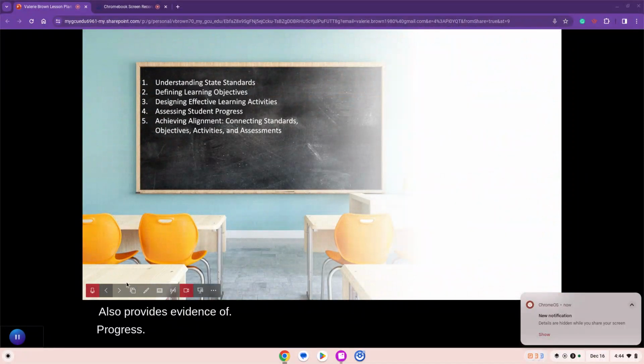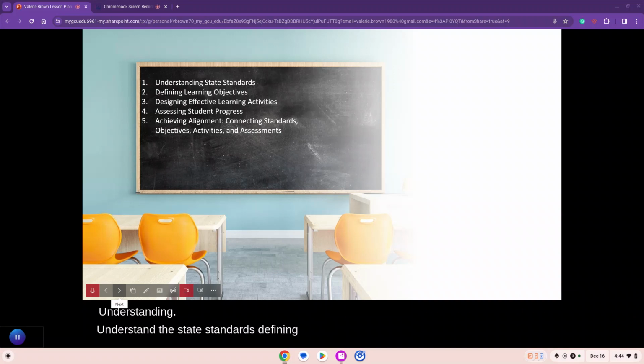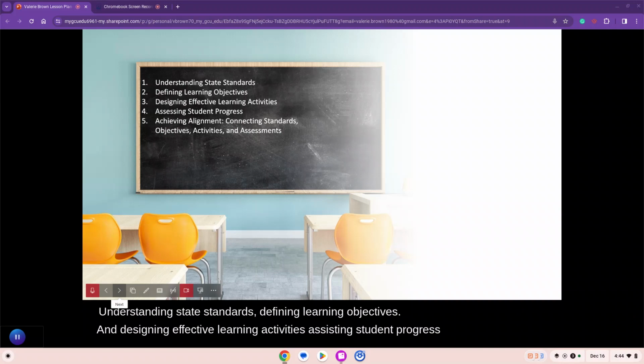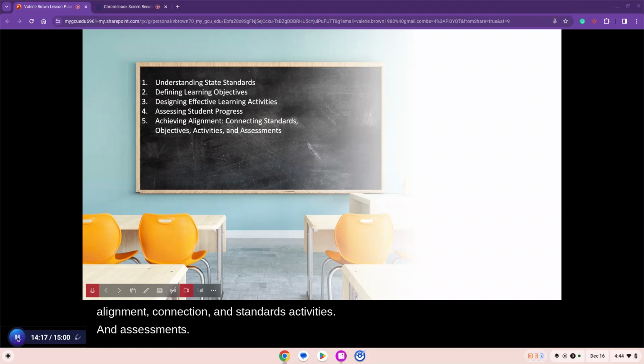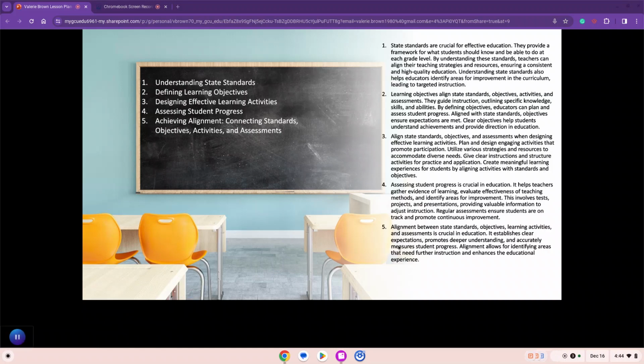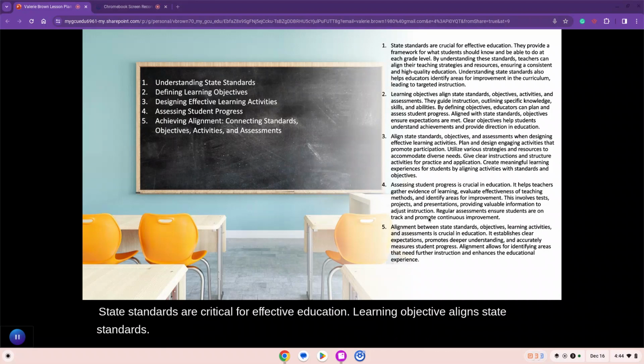Understanding state standards, defining learning objectives, designing effective learning activities, assessing student progress, and achieving alignment between standards, activities, and assessments are all important. State standards are critical for effective education. Learning objectives align state standards, objectives, activities, and assessments.